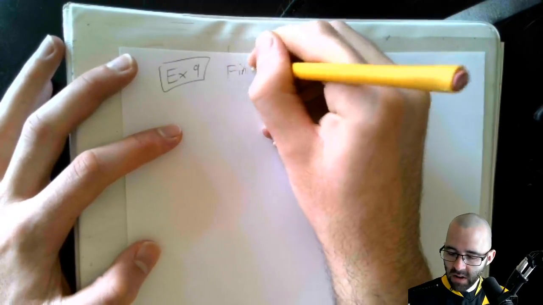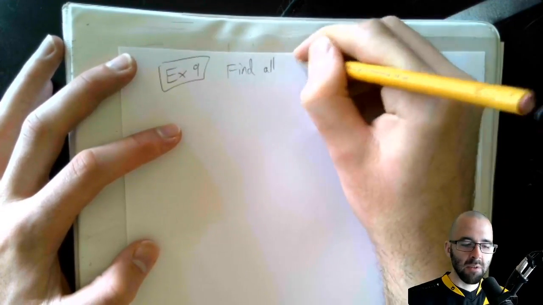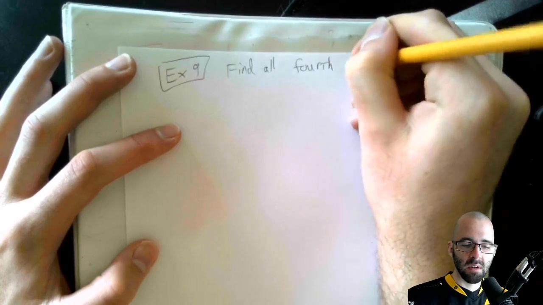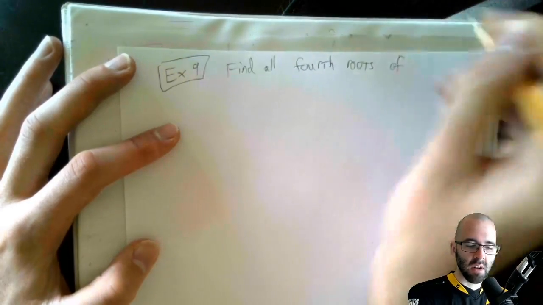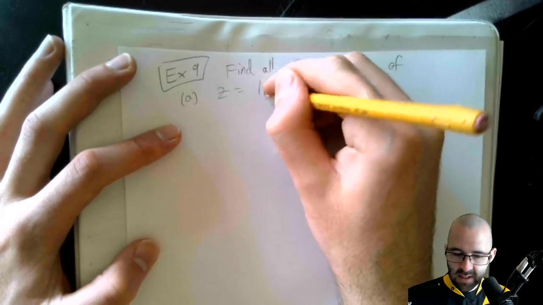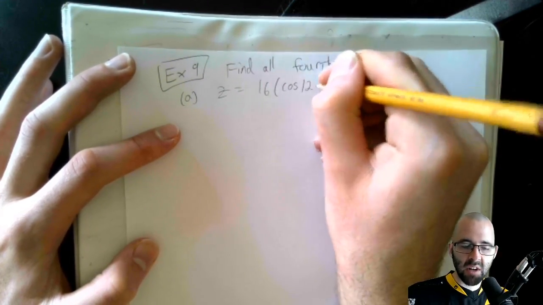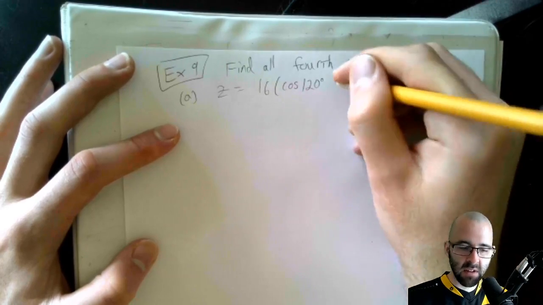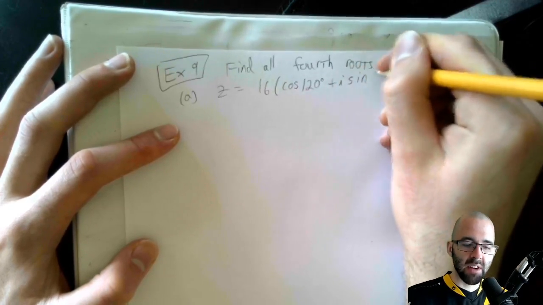Find all the fourth roots of part A. z is equal to 16 times the cosine of 120 degrees plus i times the sine of 120 degrees.